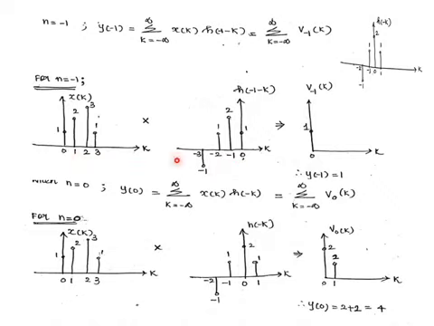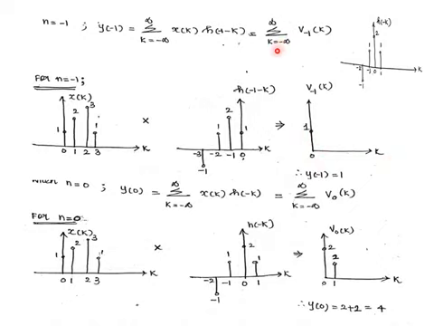So these two signals have sample values at common time instants only at k is equal to 0. K is equal to 0 alone is common for both the signals and the amplitudes of both the signals at this time instant are multiplied and it is represented as 1. So here this product term ends with only one sample whose value is 1 at k is equal to 0.